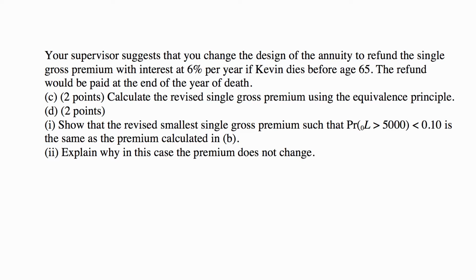For Part D, show that the revised smallest single gross premium such that the probability of the loss at issue being greater than 5,000 is less than 0.10 is the same as the premium calculated in Part B. And the final second part of D is explain why in this case the premium does not change.